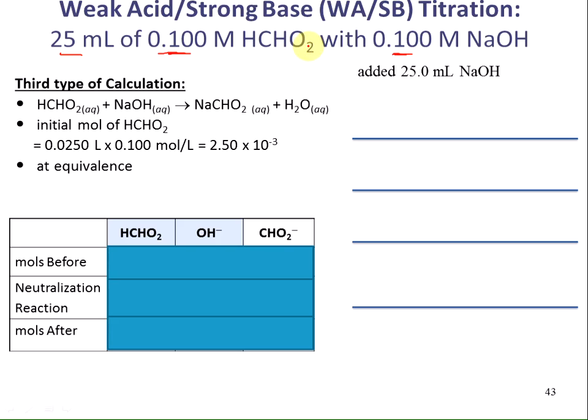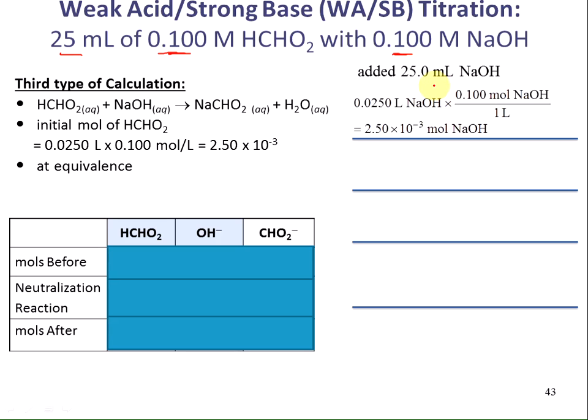So then you have the moles of the sodium hydroxide and the molarity, so you can find the volume of sodium hydroxide at the equivalence point. Okay, so I digressed a little bit, but at the equivalence point, we've added 25 mL of sodium hydroxide.